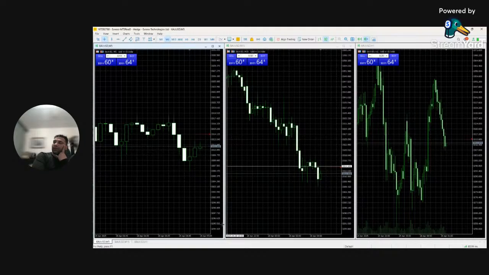So it's a sign of a little bit of weakness. A new 5-minute bar has developed without any wick.